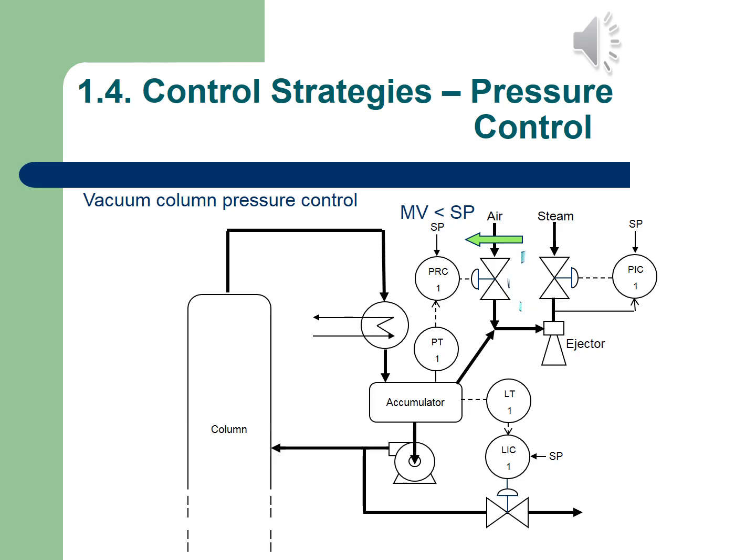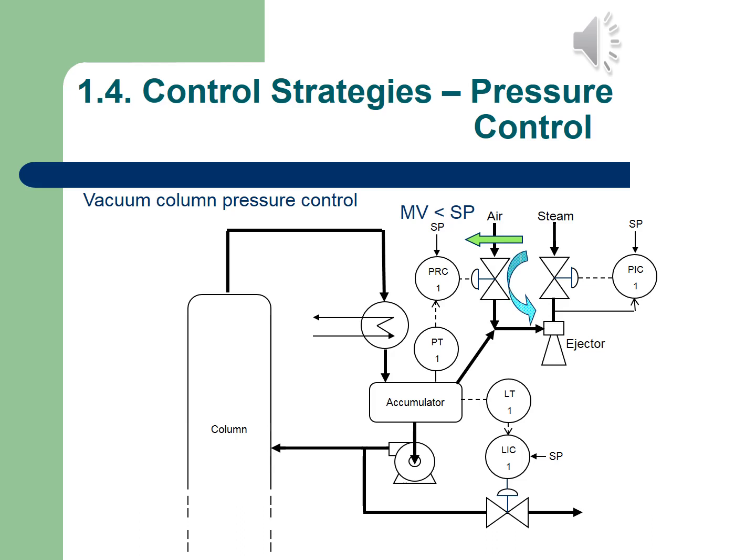Now if you look at this, there is no obstruction between the column, the heat exchanger, and the accumulator. Okay, so there's no valve there, so we assume the pressures will be the same. So if you look at PT1, PT1 is measured on the accumulator. It could just as well be measured on the column. Now if the measured variable is smaller than the set point, it means that with this vacuum system, the steam creates a lower pressure on that ejector.